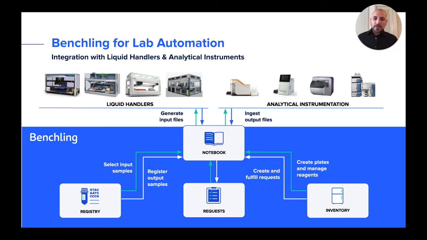And then on top of that, what we see for Benchling for lab automation is it's centered around your notebook. And we're going to see a demo of this, and I'll show this in maybe 10 minutes or so. You design an experiment in the notebook. You tell Benchling when you would like to interact with a liquid handling robot or an instrument. And then Benchling is able to generate instruction files for those robots and instruments and ingest the output files that we get.